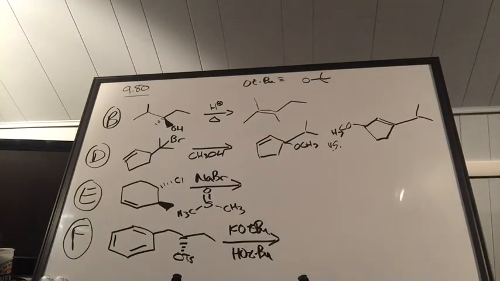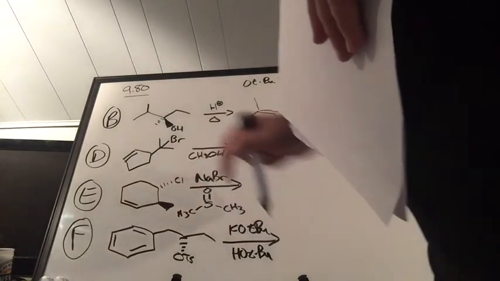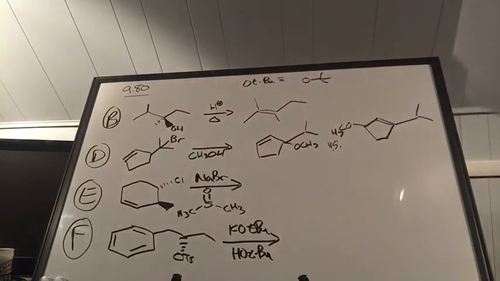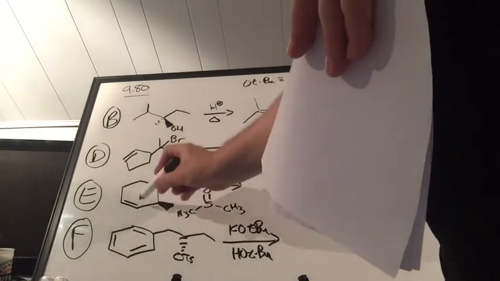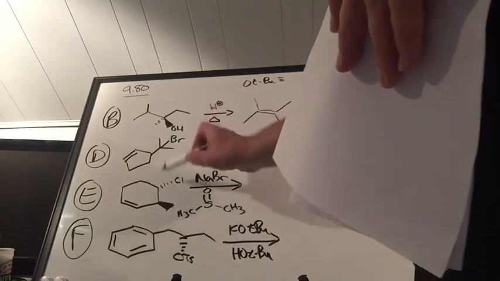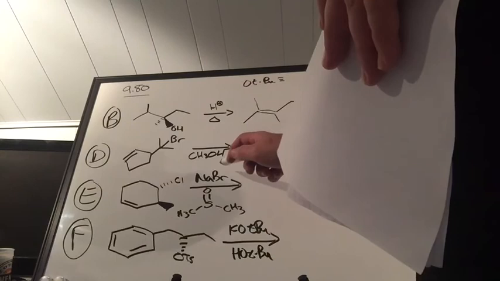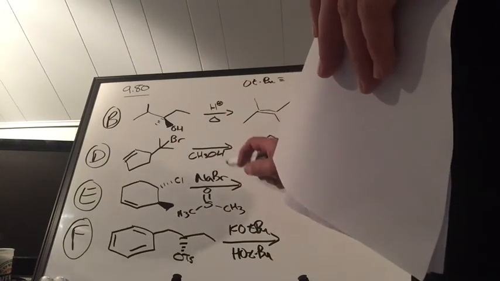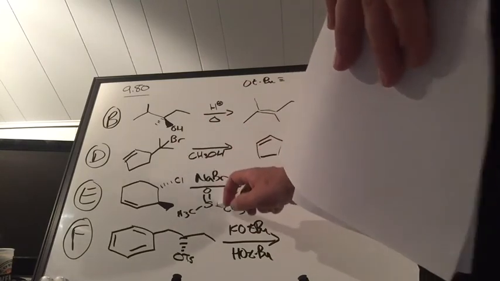Okay, so for E here, we have the chloro group, which is obviously going to, well, not obviously, but in this case, nothing else here is going to be a very good leaving group. So in other words, that bromo group is going to coordinate, and it's all going to happen in one fell swoop. Why?